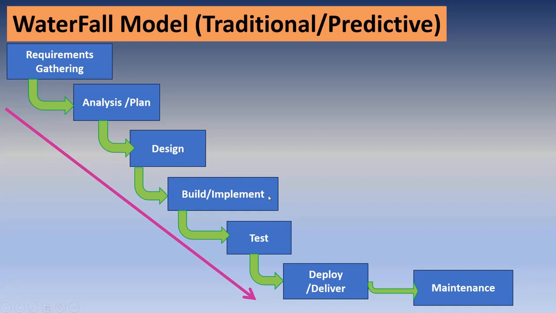After 3 months, if one developer leaves the organization, then at the end of the sixth month the testing team will take up testing. If they find any defects in the first 3 months of work, that old developer is not available now. A new developer is onboarded. So the new developer should understand the entire project to fix that particular bug or issue when the testing team raises anything.